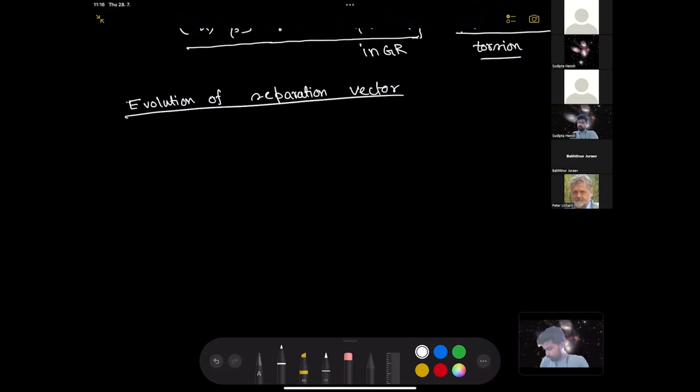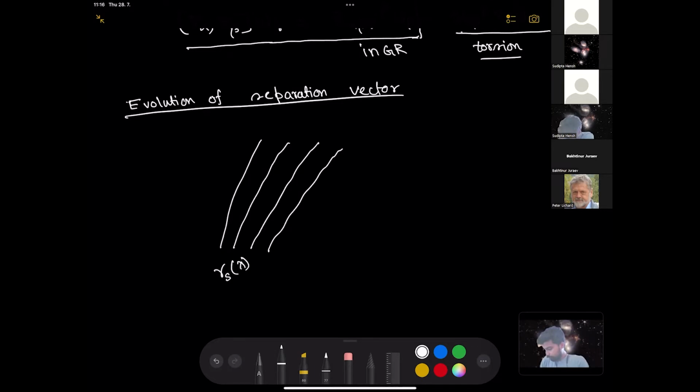So let's say we have a bunch of curves. And that curve can be named as gamma S lambda, where S is changing with each curve, and lambda is basically parameterizing each curve.